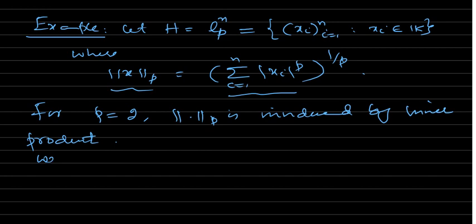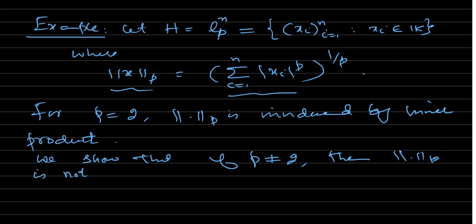We show that if p is not equal to 2, then this norm is not induced by inner product. That means we cannot define any inner product on that space. Instead of H I should write here X, because for p equal to 2 I denote it by H, because for p equal to 2 it's a Hilbert space.